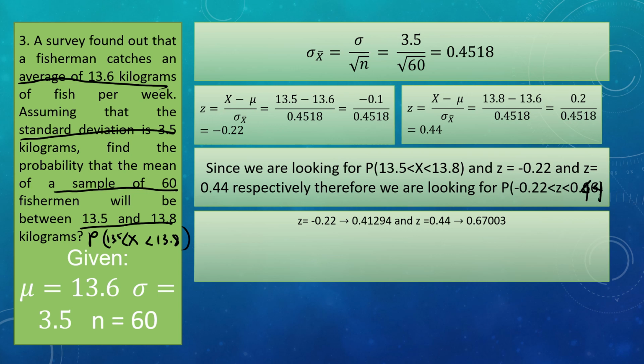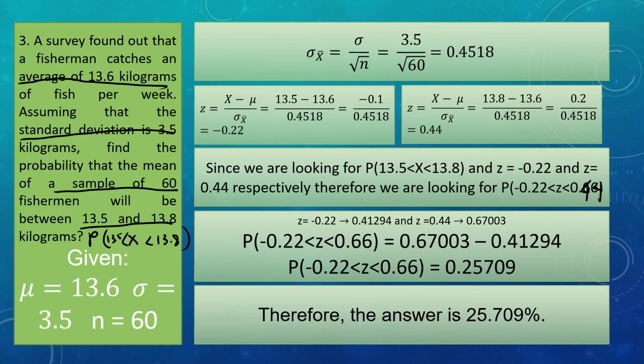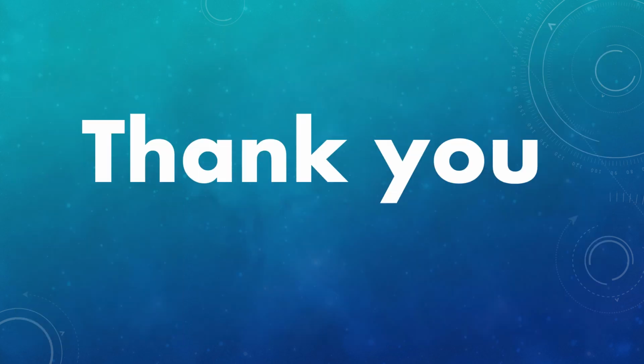Now, since we're dealing with between, we're going to subtract the two areas. So it will be 0.67003 minus 0.41294. The answer is 0.25709. Therefore, our final answer, by transforming the decimal into a percentage, is 25.709%.